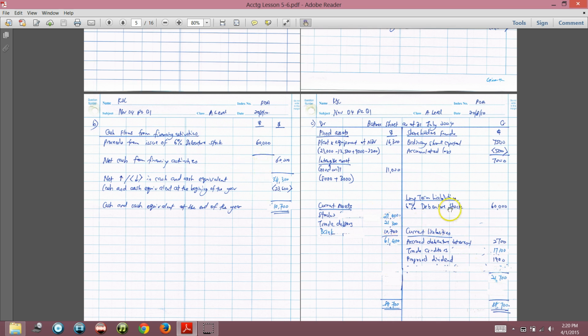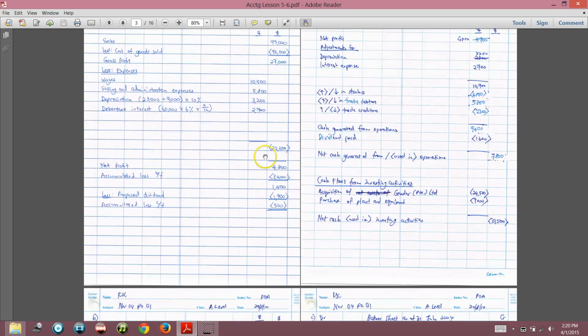You see this debenture stock is under long-term liabilities. These debenture people are actually financing the company. Shareholders are also financing, but the ordinary share capital was paid last year, so it's not inside this year's cash flow. So this is how I get the 60,000.